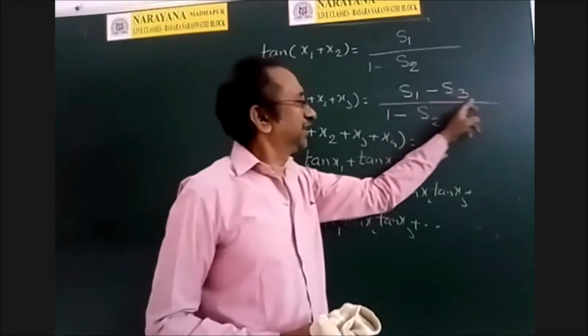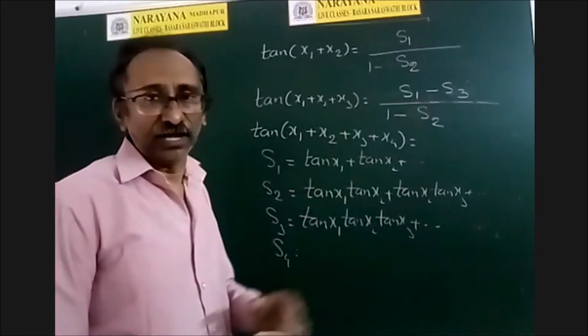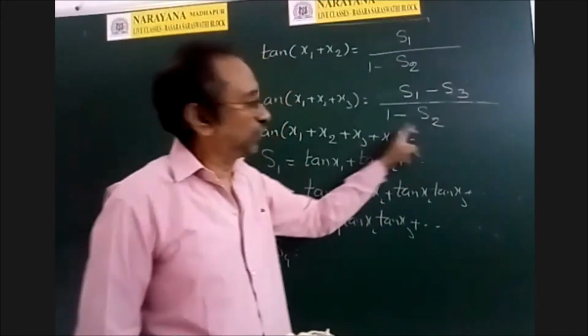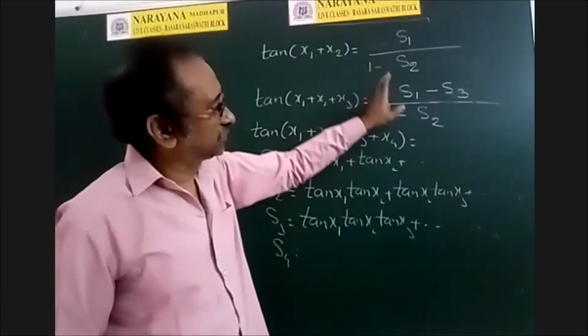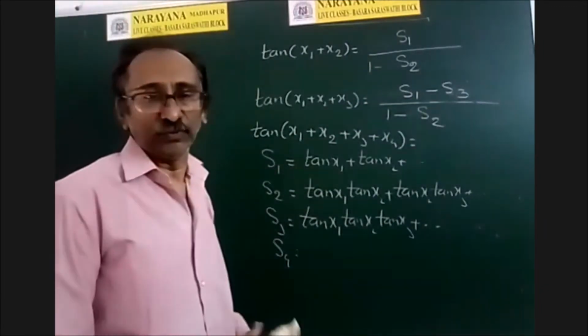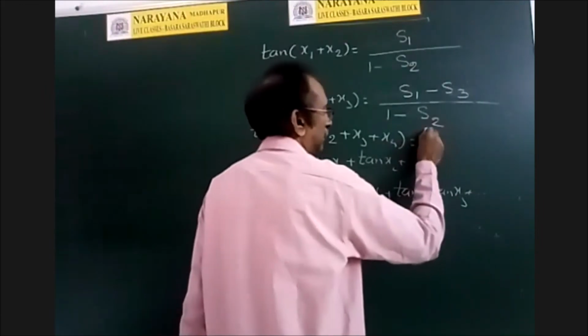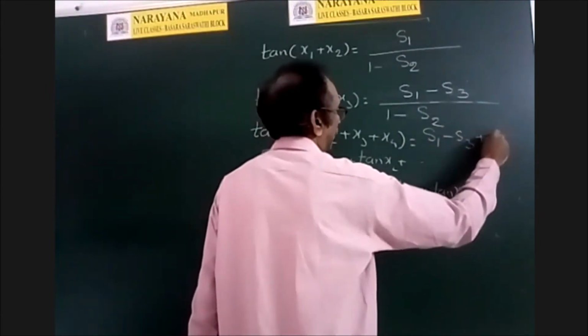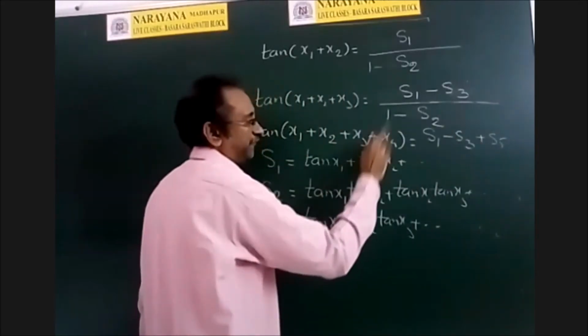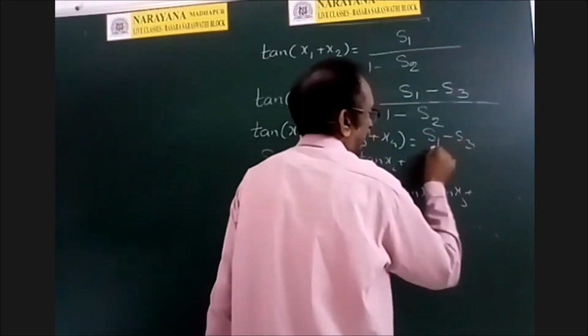Just see the observation. In the numerator only odd suffixes are there. In the denominator you will get only even suffixes. And in the numerator and denominator, alternately plus and minus you will get. Therefore here S1 minus S3 plus S5. There are no 5 terms, so no need to write S5.